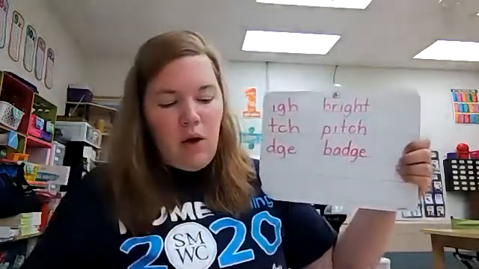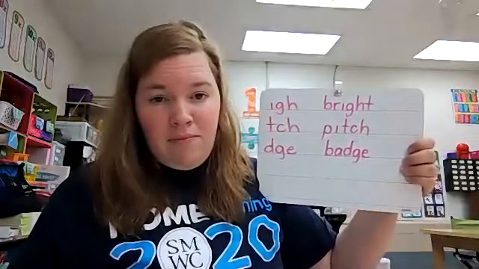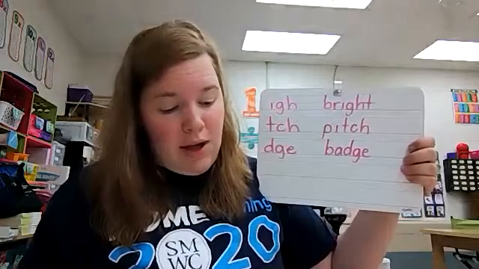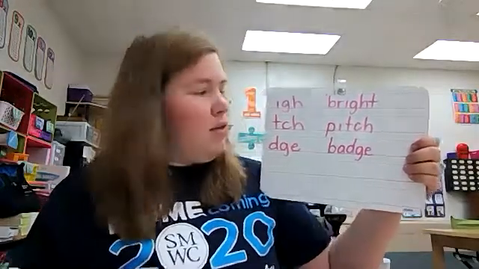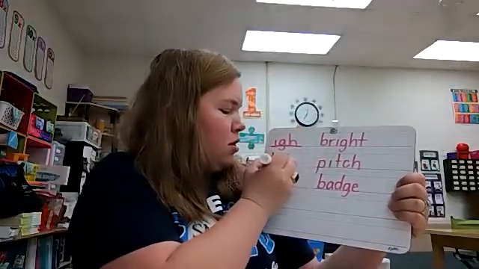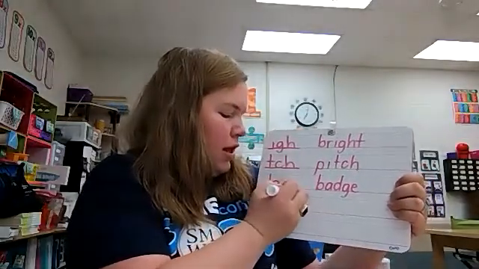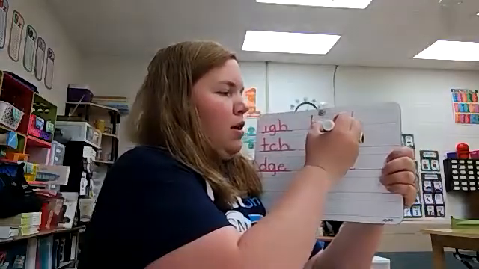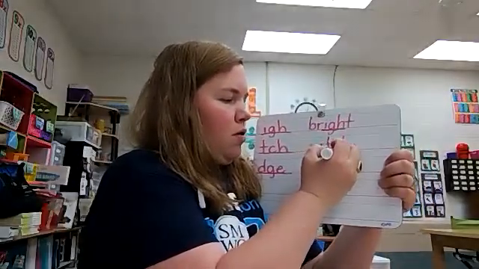Now, how do we code trigraphs? We code them just like digraphs. We underline them. Very good. So let's underline IGH, TCH, and DGE. Okay, I'm also going to underline them in our words.